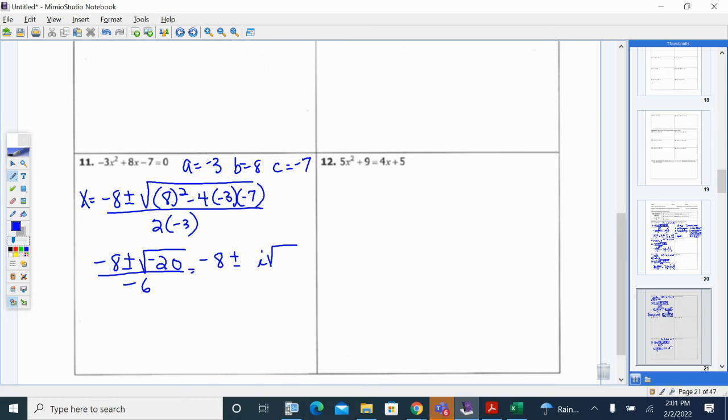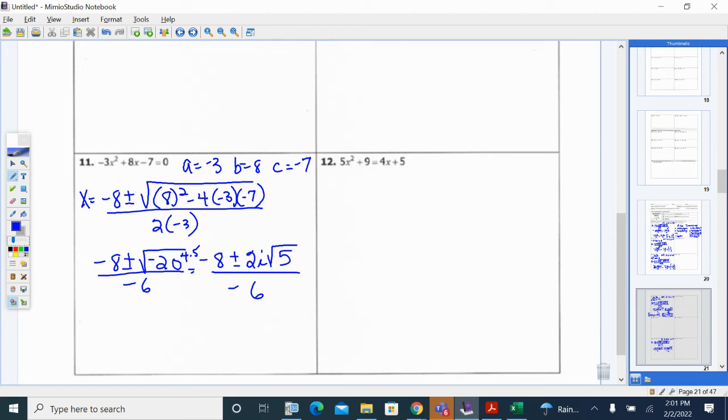The 20, because it's a non-perfect square, also tells me there's going to be a radical left. So you're going to simplify this radical using whatever method you prefer. I'm going to break 20 down into 4 times 5, which gives me 2i radical 5 in the top, and then of course my negative 6 in the bottom.